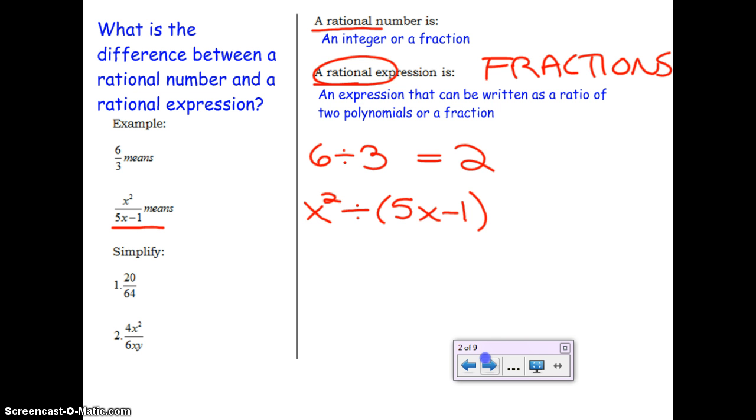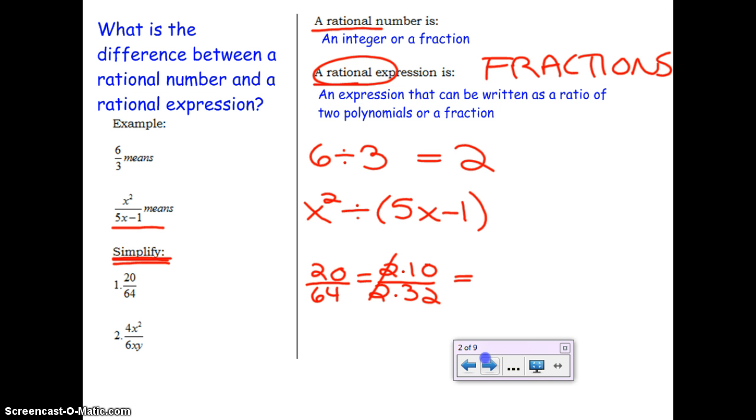If you guys are given 2 numbers, like 20 and 64, and you're told to simplify, that means I'm going to take 20 and 64, and I'm going to think of what common factors they have. So if I want to simplify 20 divided by 64, I know that 2 goes into both of them. So if I divide by 2, this is really 2 times 10, and this is really 2 times 32, and my 2's will cancel.